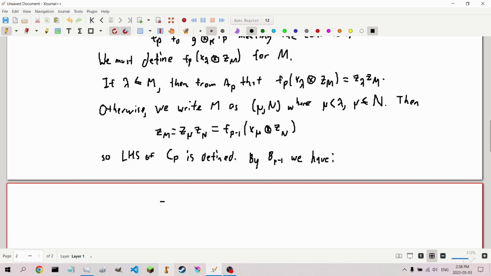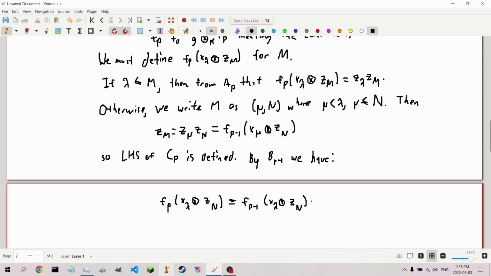This gives us our condition that f to the p x lambda times zn is, through D, minus 1 because it's in the lower area.